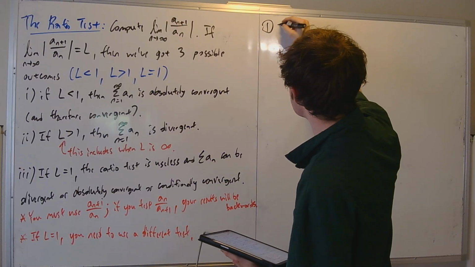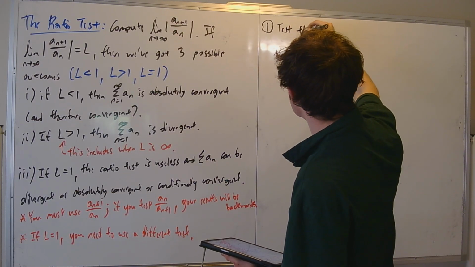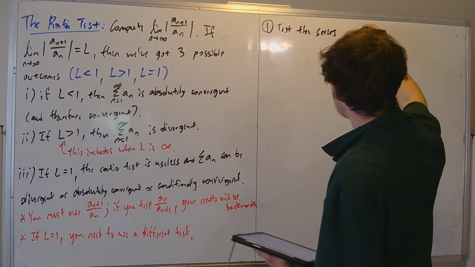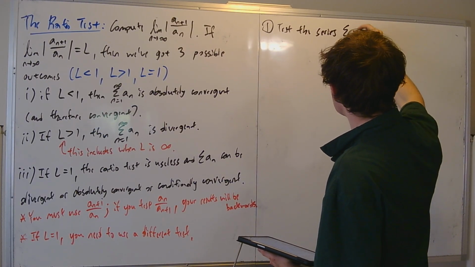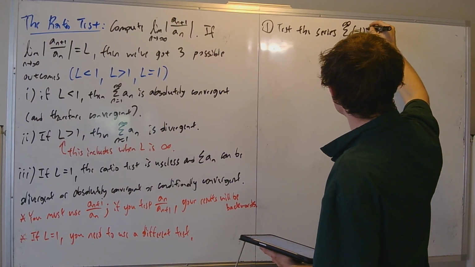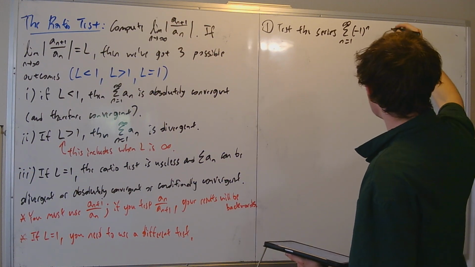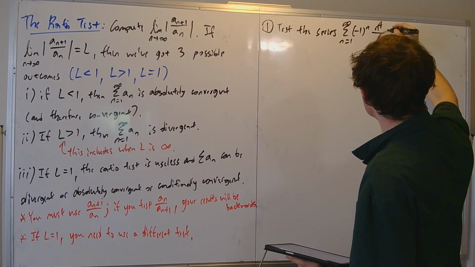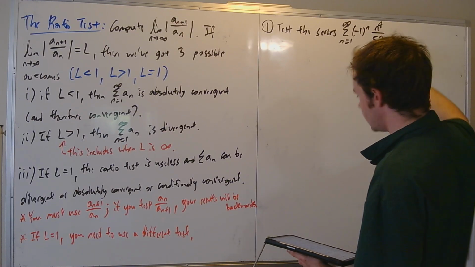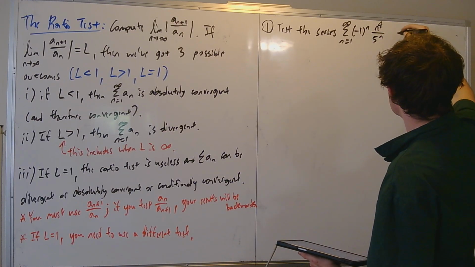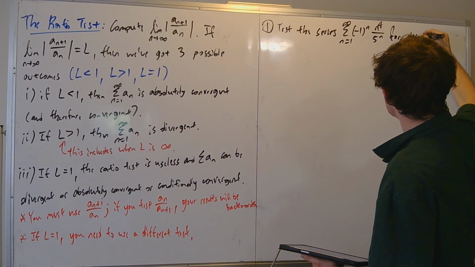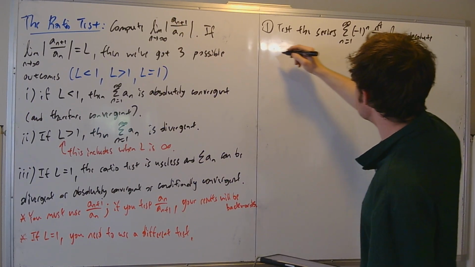So test the series, the sum from n equals 1 to infinity of (-1)^n times n to the power of 4 over 5 to the power of n, for absolute convergence.